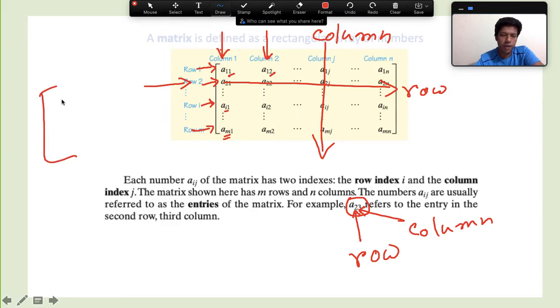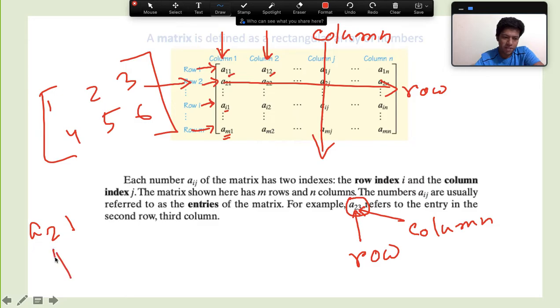Let's say I write here 1, 2, 3, 4, 5, 6, and then I ask for the number in position 2, 1. What does it mean? It says row 2 and column 1.